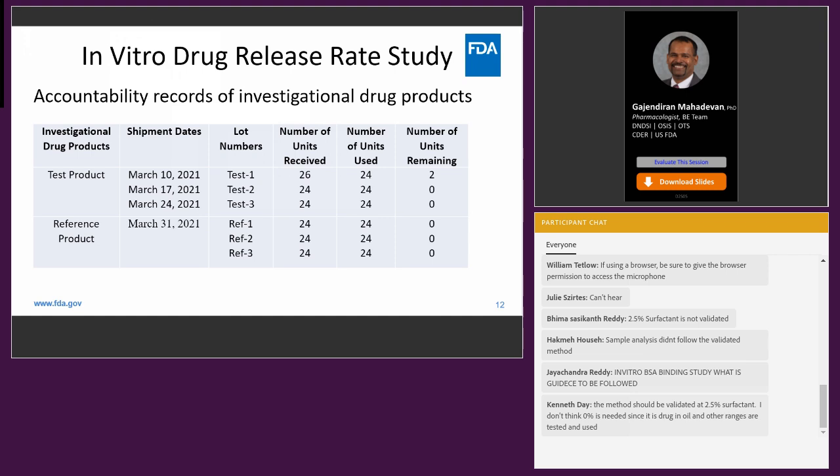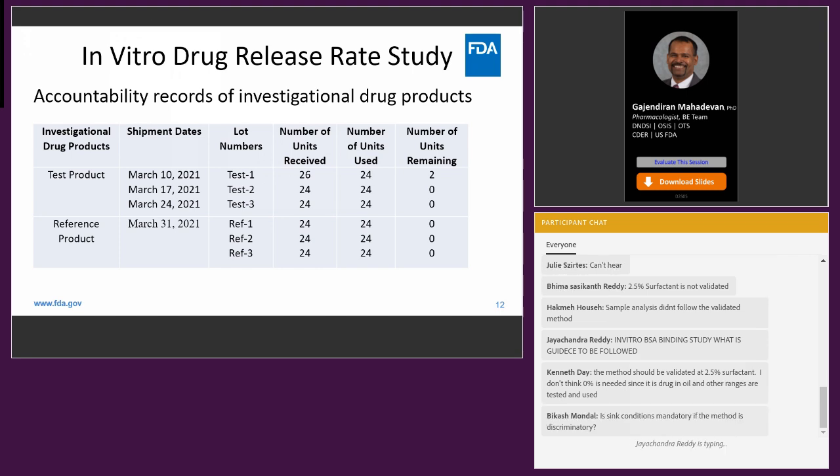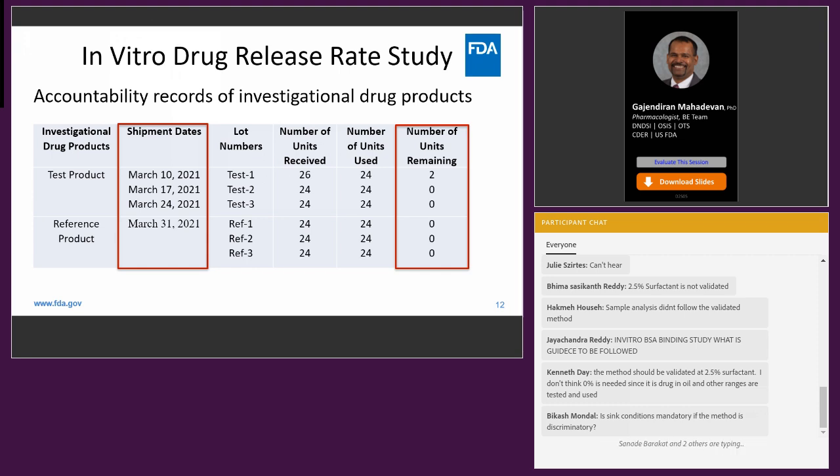This slide shows you the accountability information for the investigational drug product used in the study. Please pay attention to column number 2, shipment dates, and column number 6, number of units remaining at the site.